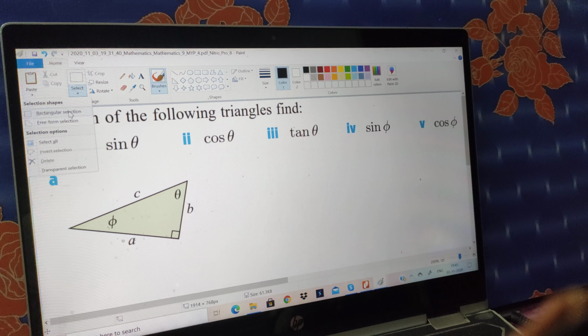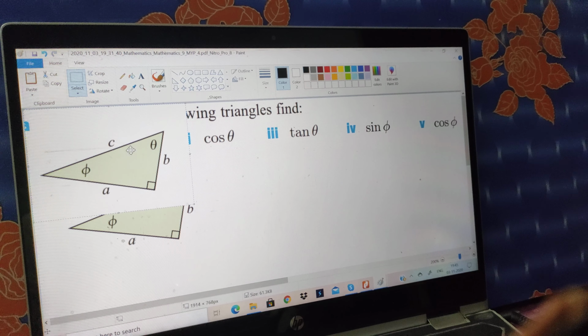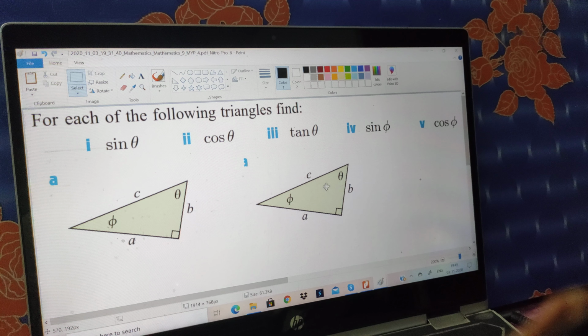Over here I'll just copy, and I just did this for the sake of simplicity. Over here I'll erase this phi and then erase this theta. To answer the first three questions I'll use the first triangle, and the remaining three I'll use the second triangle. So let's go for it.